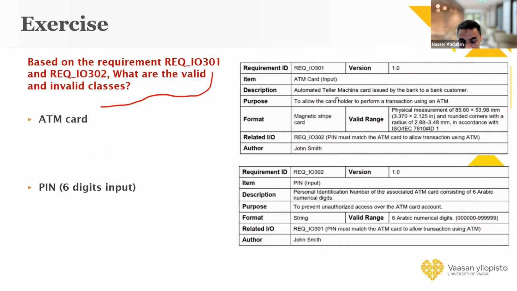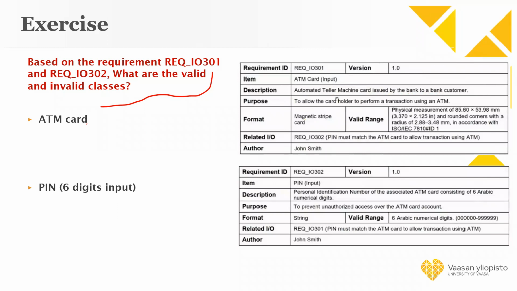So if I have an ATM card, how can I divide these ATM cards into valid and invalid? What do you think? Just give me your opinion. How do you think it is valid to be used in the ATM machine?